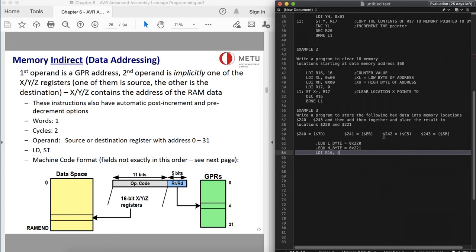LDI R16, 4. Okay, and then at the beginning, let's say LDI R17 to be 0.